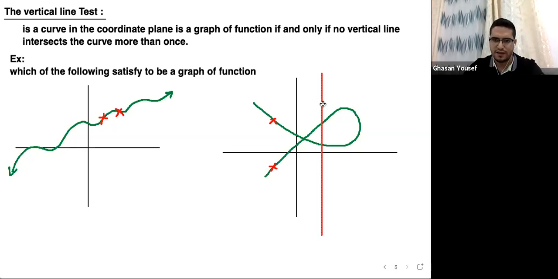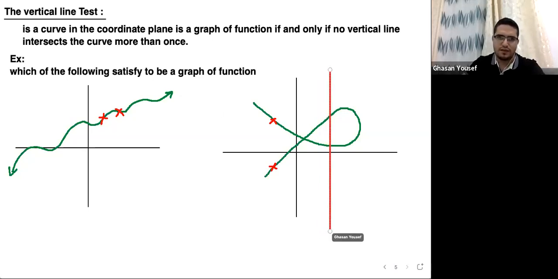Again and again I see the same thing. So this curve does not represent a function, but the first curve does.